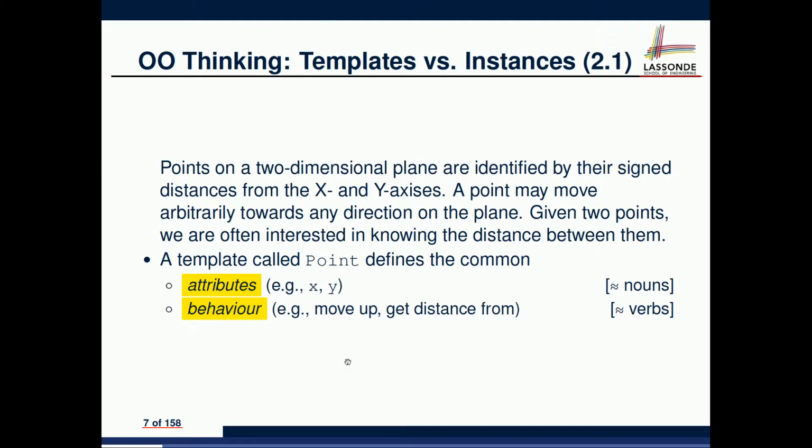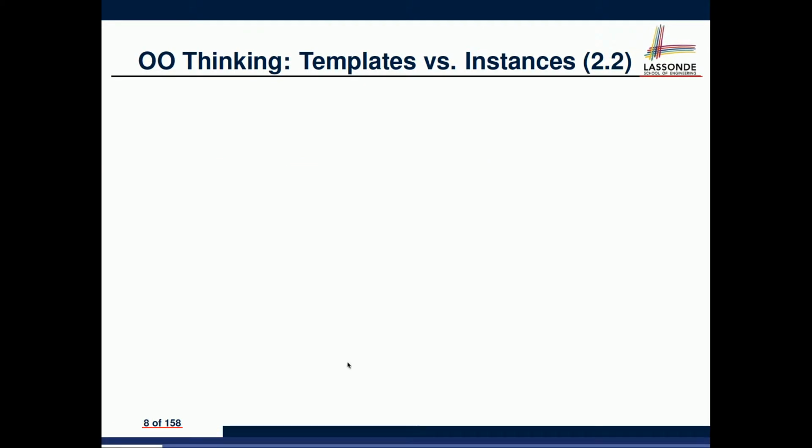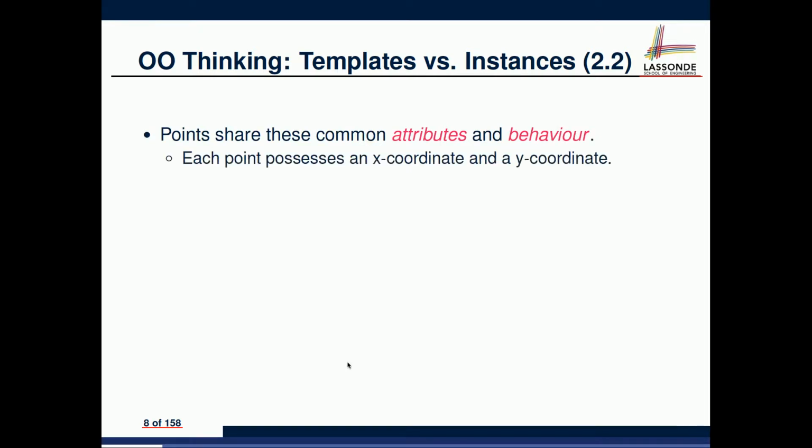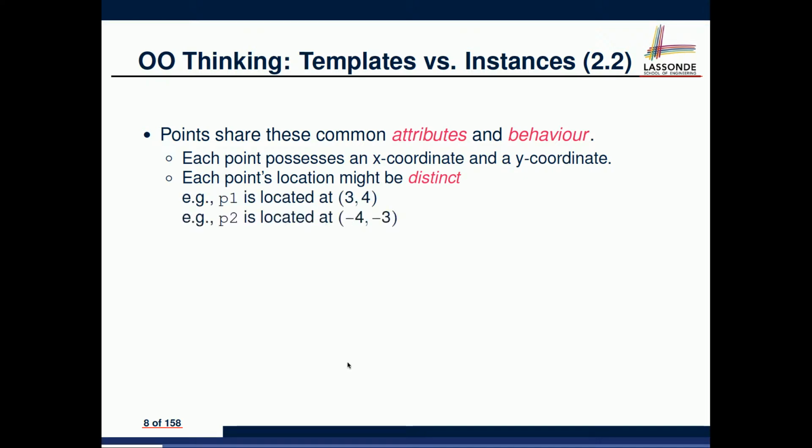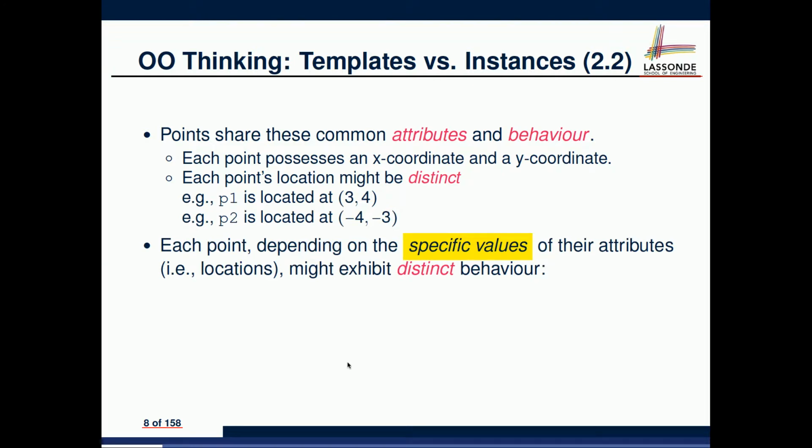That's about attributes and behavior for two-dimensional points. So now we have x and y coordinates for every point, and the location might be different, because different entities might be at different locations. One is 3, 4, the other one is minus 4, minus 3. With specific values, they might exhibit distinct behavior.